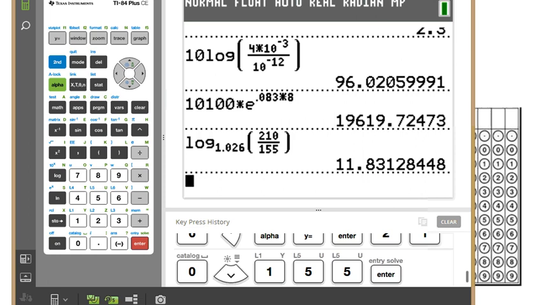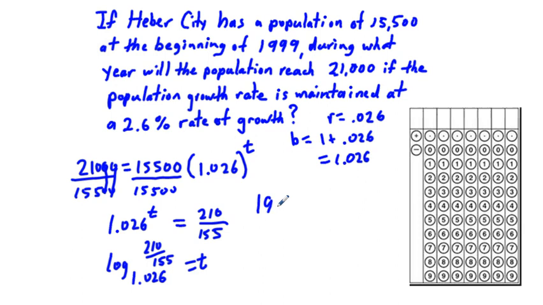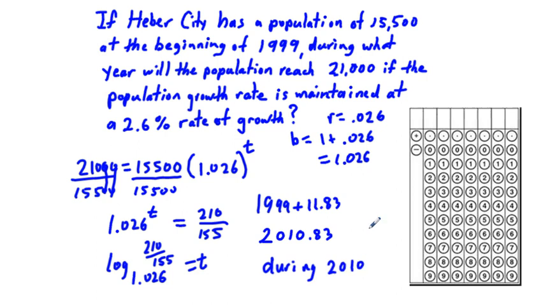So 1999 plus 11.83 is 2010.83. So during 2010. So 2010 would go right here. So we put in 2010. So there it is.